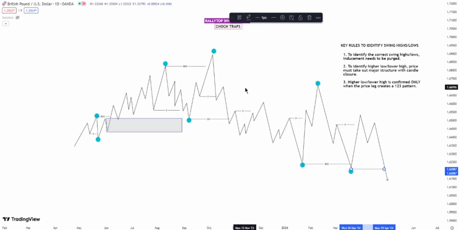And after that, it's not enough to mark this high as your major high, because rule number 3 has to also be met. Rule number 3 says higher low or lower high is confirmed only when the price leg creates a 1, 2, 3 pattern. Did it create a 1, 2, 3 pattern? Yes. So your lower high can now be confirmed because rules number 2 and 3 have been fulfilled. Simple. Can you see that? So what we have in the market essentially is this is your high, lower low, lower high, lower low. Simple.